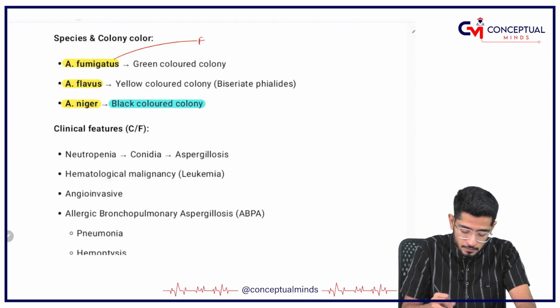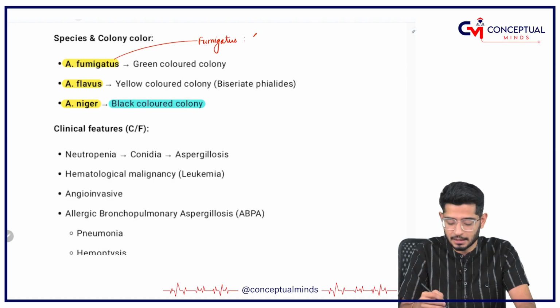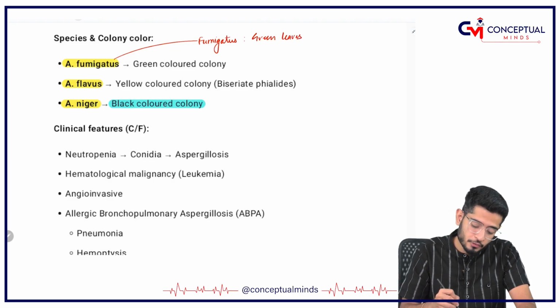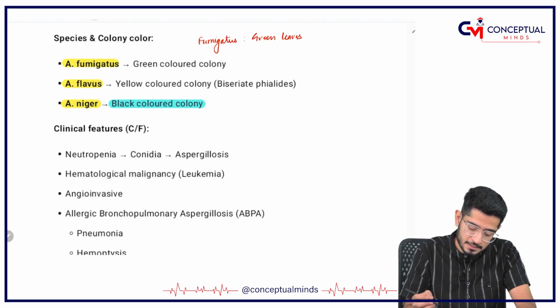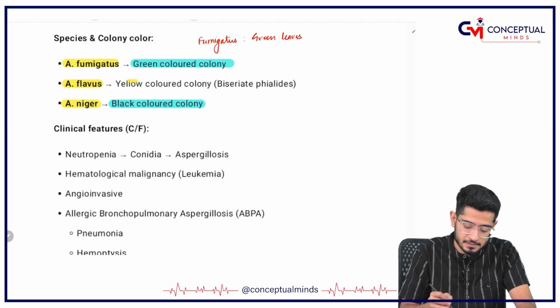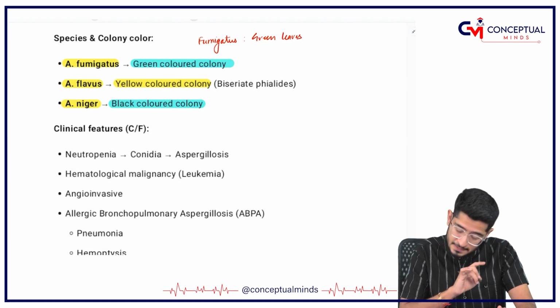Fumigation is done, the spray is fumigated on the green leaves of the plant. So the mnemonic is green leaves: fumigatus shows a green colored colony, whereas flavus shows yellow colored colonies. This is important.